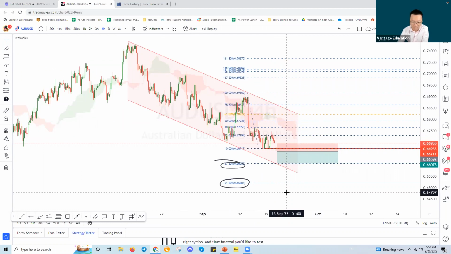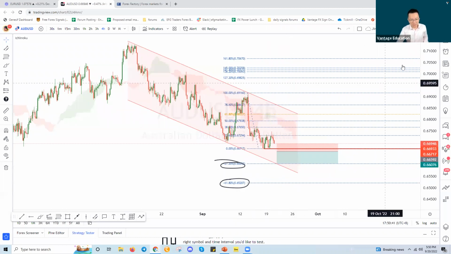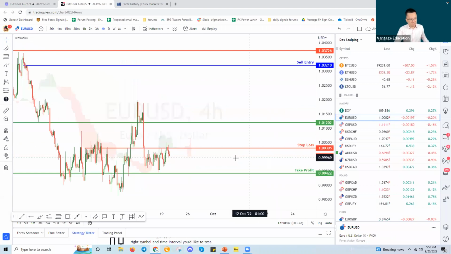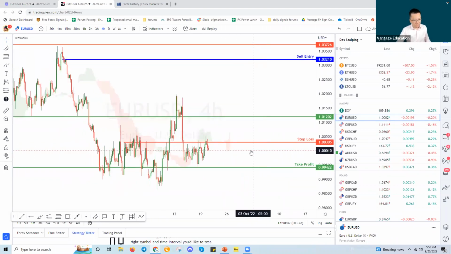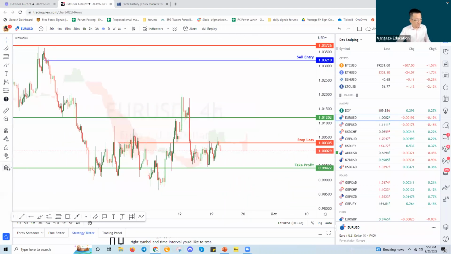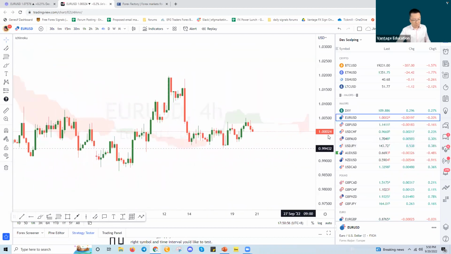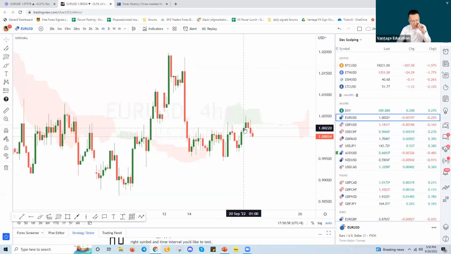At this point, I'm anticipating quite significant moves across the board, not just on the Aussie dollar. You can see on the euro as well. Euro actually forms quite nicely. You can see that. Look at that.